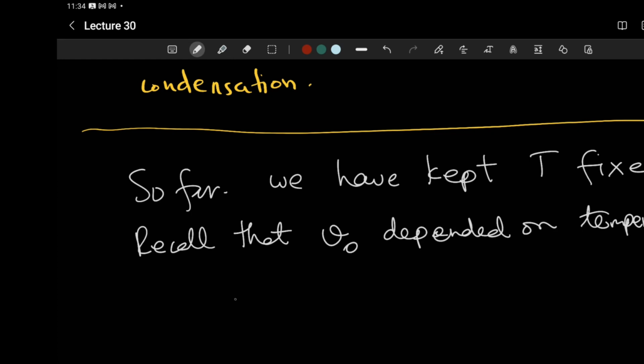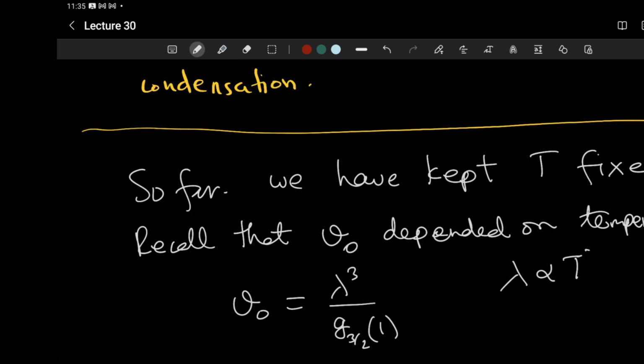And what was V naught? Somebody tell me. Is it lambda cubed by g3 by 2? Lambda cubed by g3 by 2. Okay, and so lambda is proportional to h by something, so it's proportional to T power minus half. So this implies that V naught is proportional to T power minus 3 by 2.